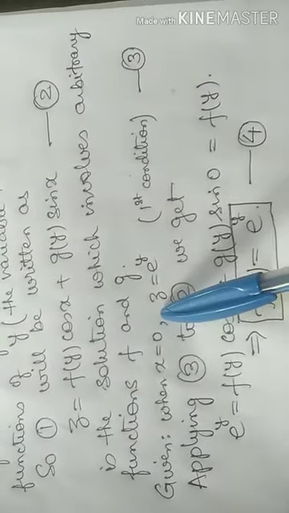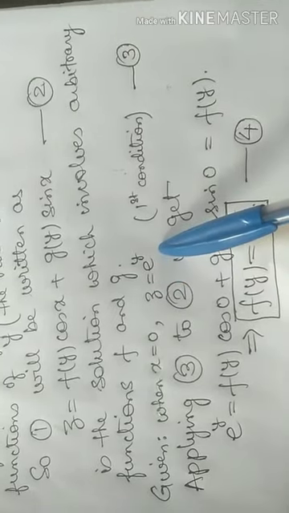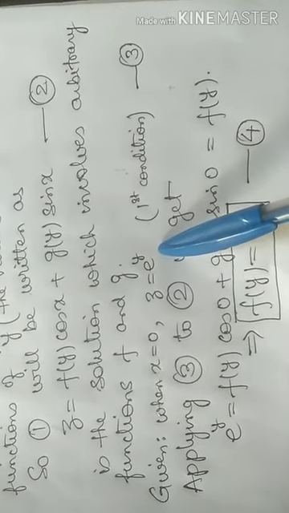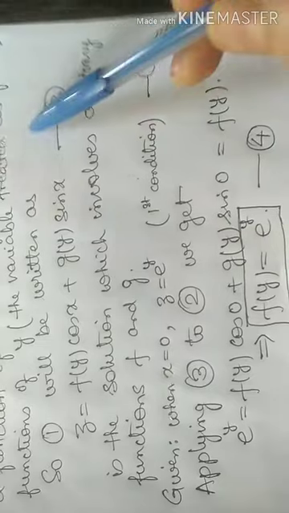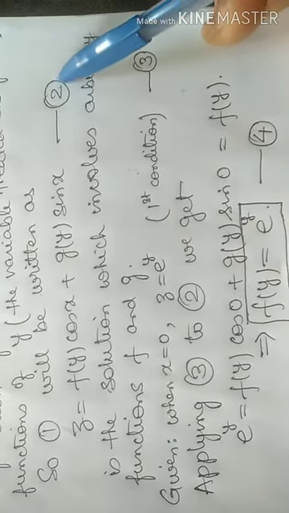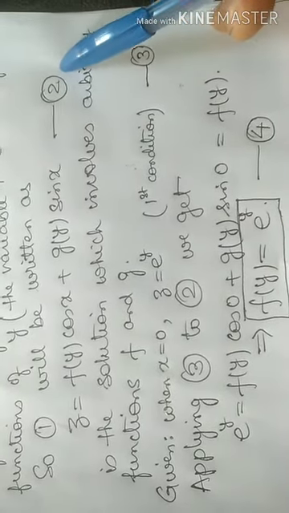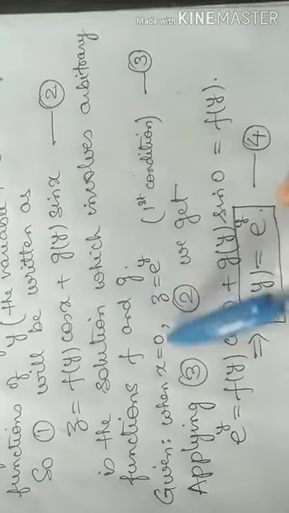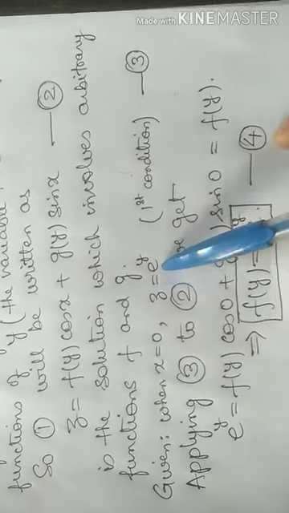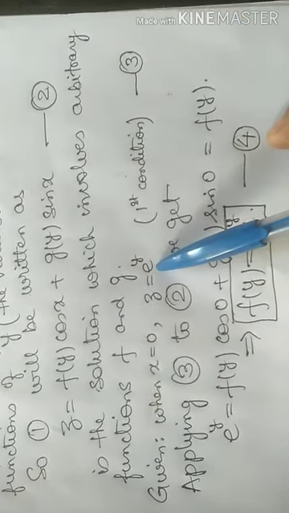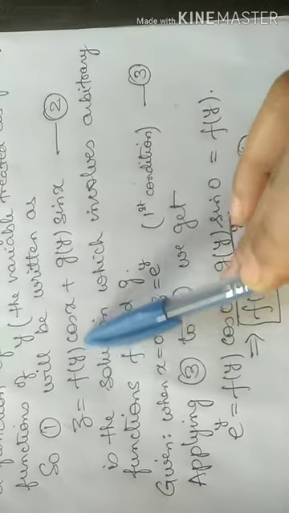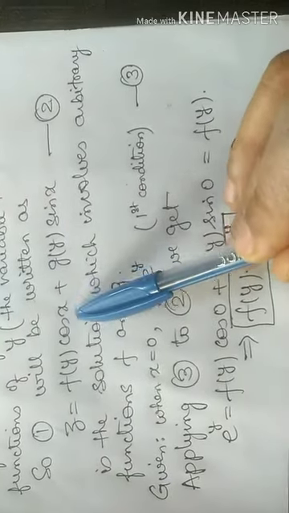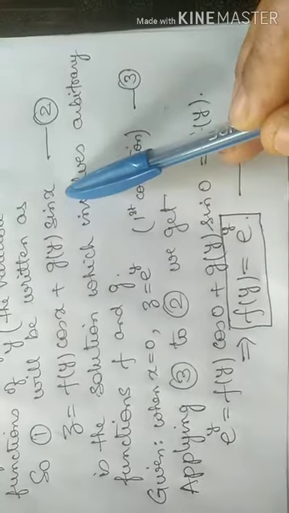Now let us consider the first condition given here. When x is equal to 0, z is equal to e to the power y. So in equation 2, the complementary function which we have written down, we'll apply this condition x equal to 0 and z equal to e^y. When x is equal to 0, we know that cos 0 is 1 and sin 0 is 0.